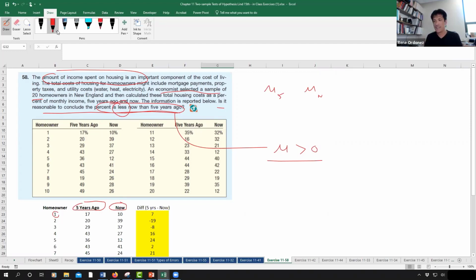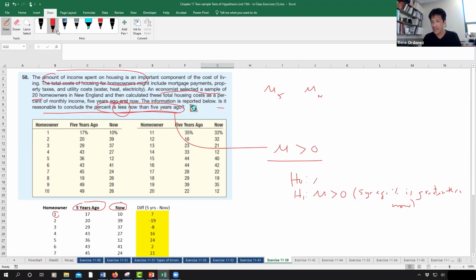Right? Okay. So we set up the hypotheses. H1 would say mu difference is greater than 0. Translation: 5 years ago, the percentage is greater than now. Or conversely, you can say now is less than 5 years ago.